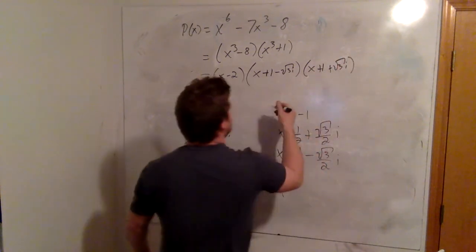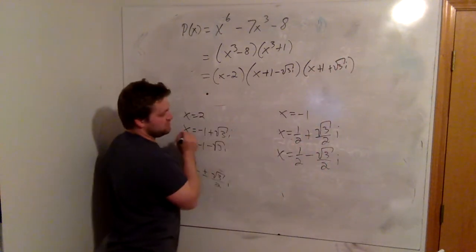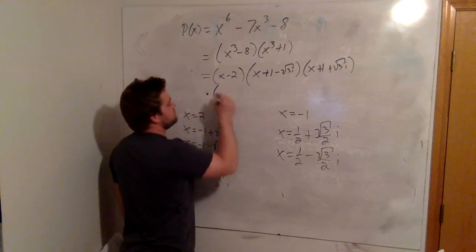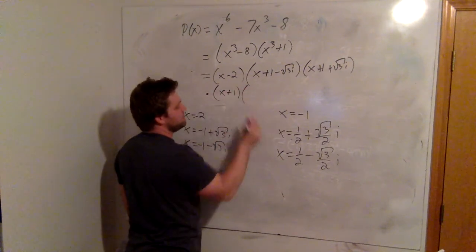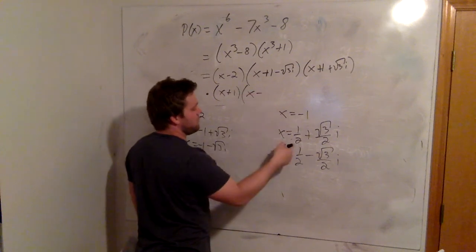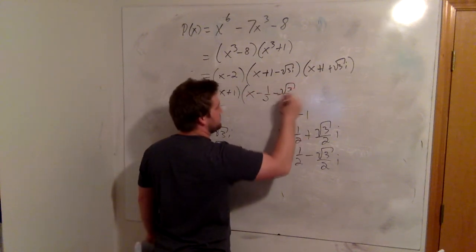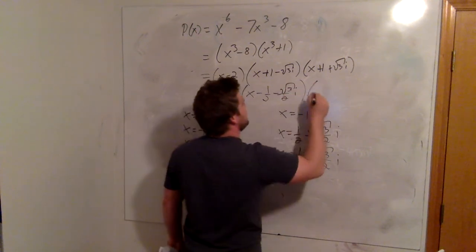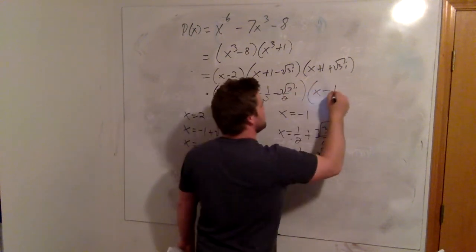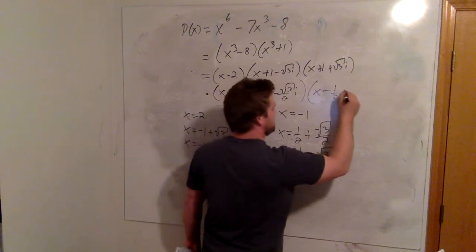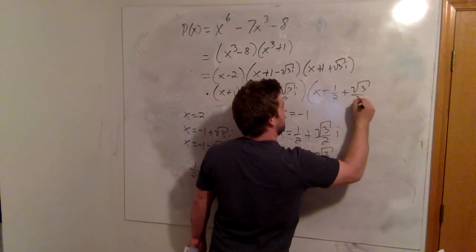I'm running out of room, so I'm going to continue the multiplication over here. I'll get x plus 1 as a factor. I'm also going to get x minus 1/2 minus root 3 over 2 i, and then x minus 1/2 plus root 3 over 2 i.